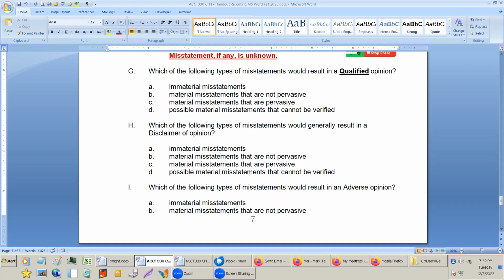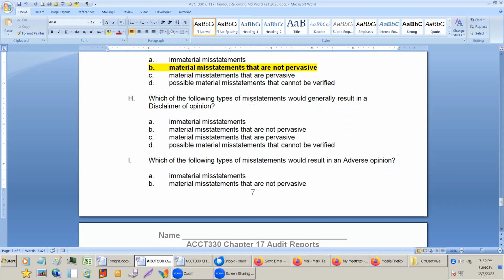That's the qualification. Everything's okay except for inventory or whatever. Is it B? Yep. Yeah, there's a misstatement, but in the end, they'll say everything is okay except for, and then they'll go into what the misstatement is. But generally, the financial statements are fairly presented.